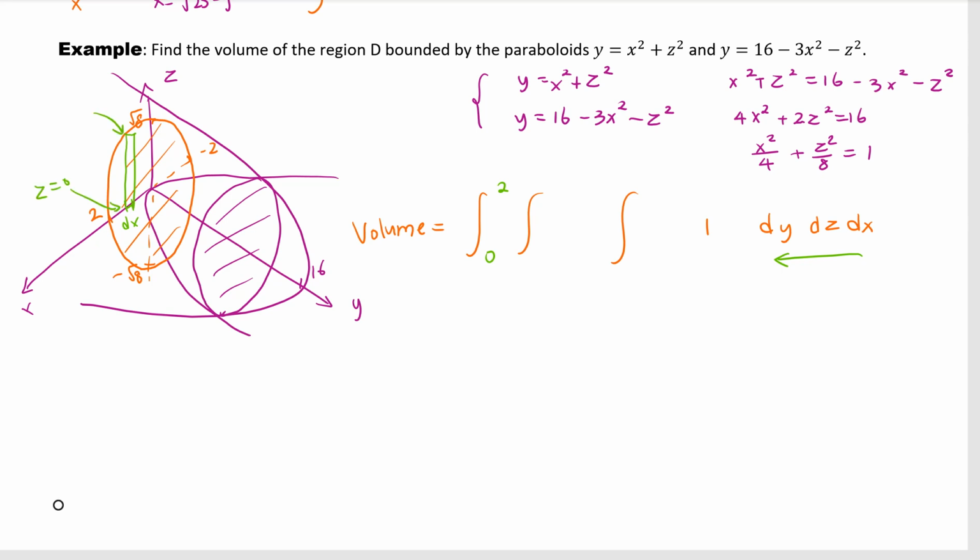The top is on the ellipse, which means we want to solve for z in terms of x. So let's look at this. We solve for z. Then z squared is 16 minus 4x squared over 2. So z is the square root of 8 minus 2x squared. So z goes from 0 to the square root of 8 minus 2x squared.